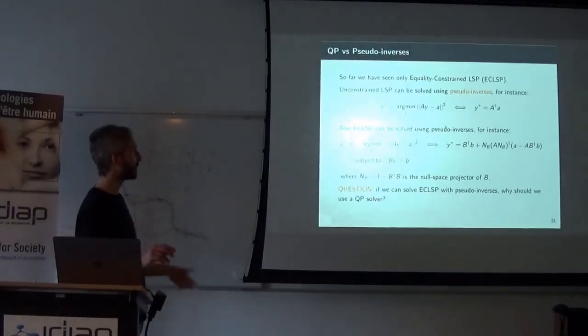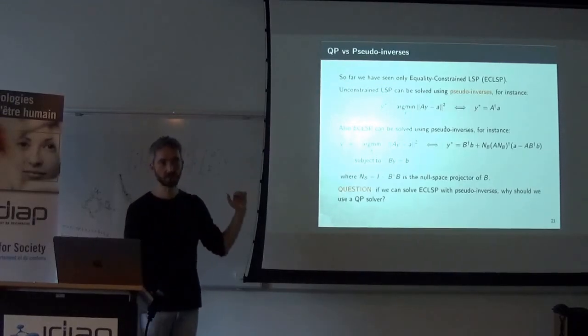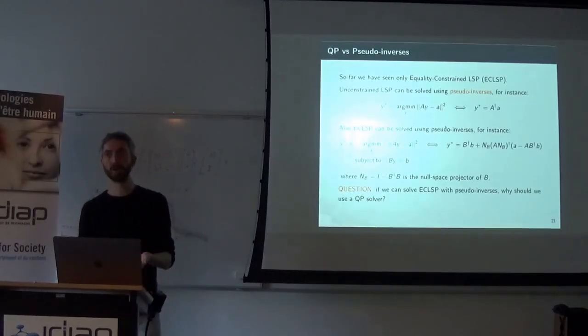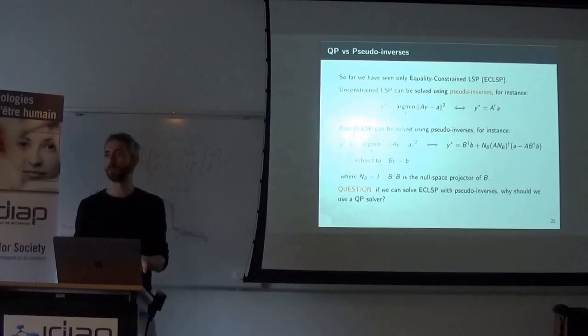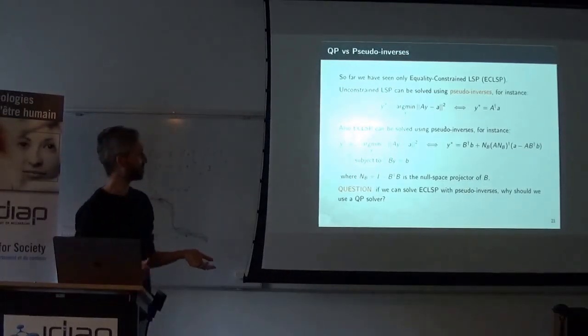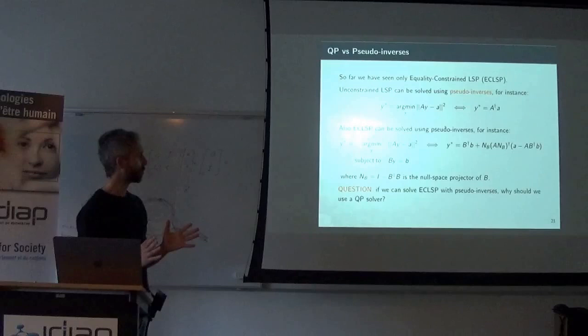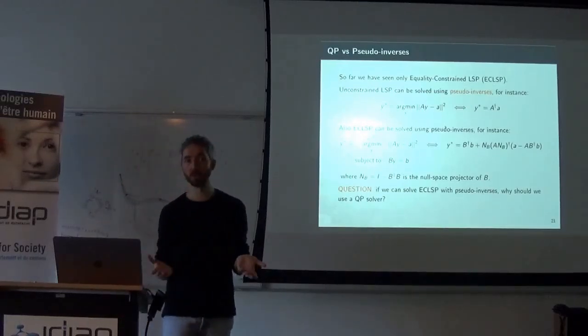My point is, if we can solve this kind of optimization problems using pseudo-inverses, why should we bother using a QP solver? And actually, before 2010, very few people were using QP solvers.